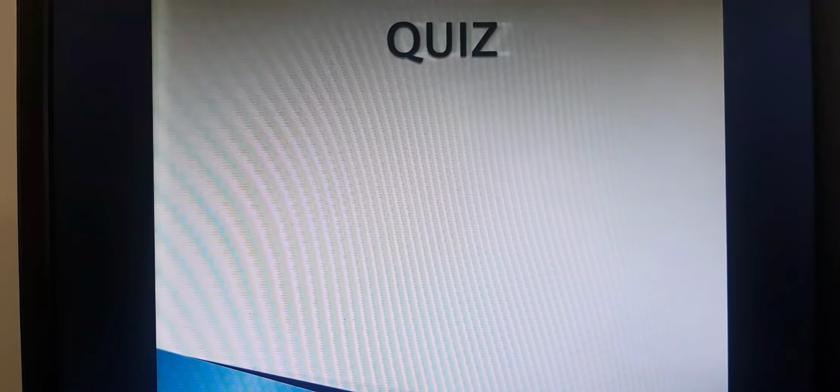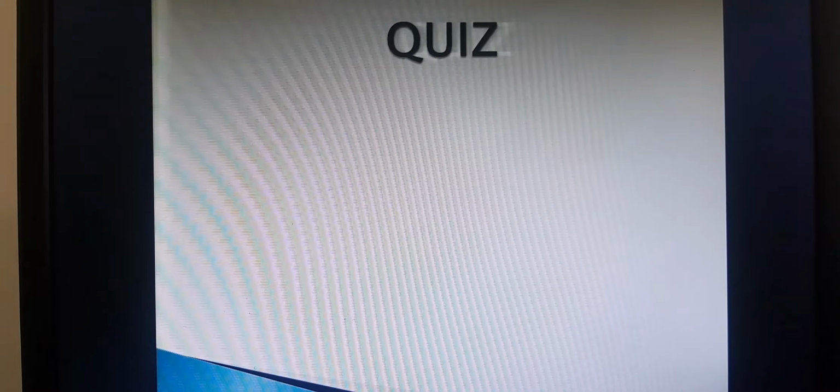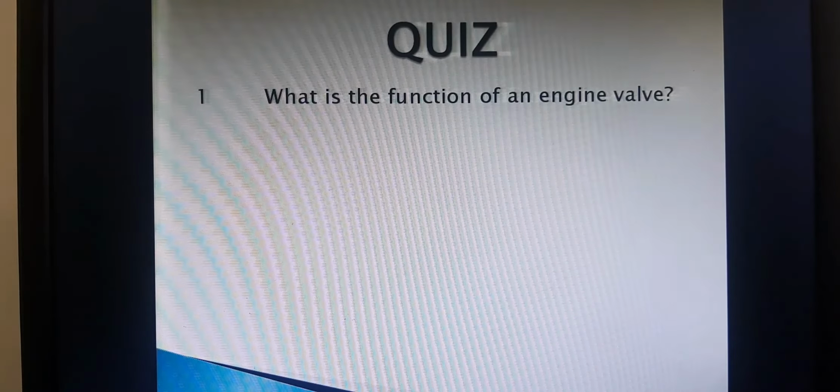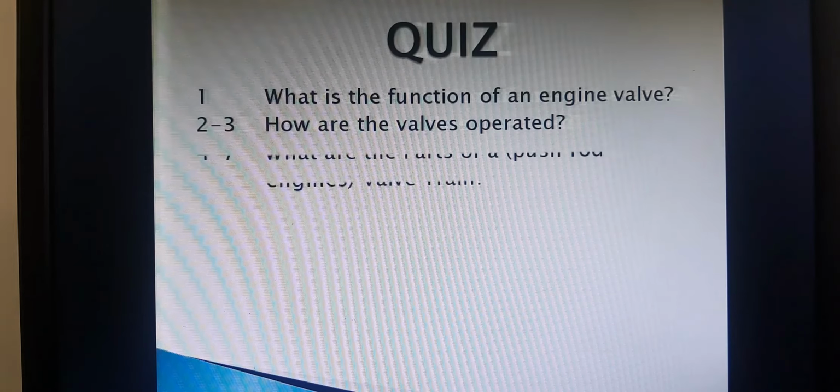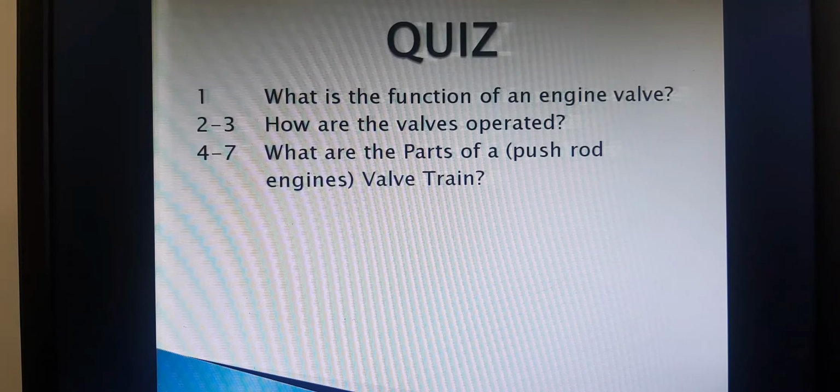Okay, quiz, so that your brain is exercised. Number 1, what's the function of an engine valve? Numbers 2 to 3, how are the valves operated? Numbers 4 to 7, what are the parts of a pushrod engine valve train?